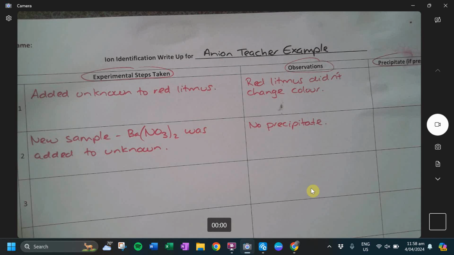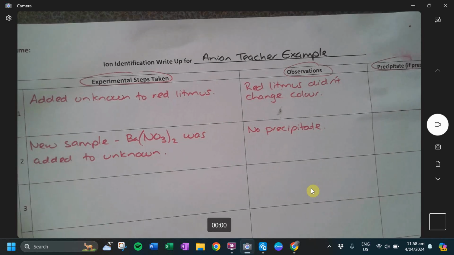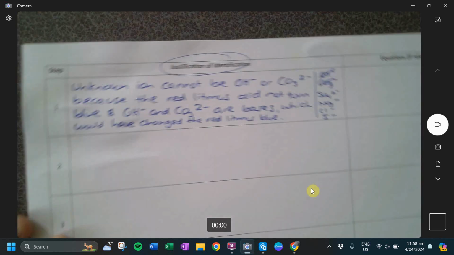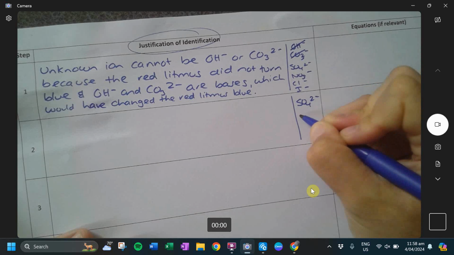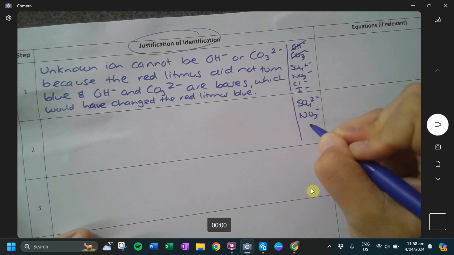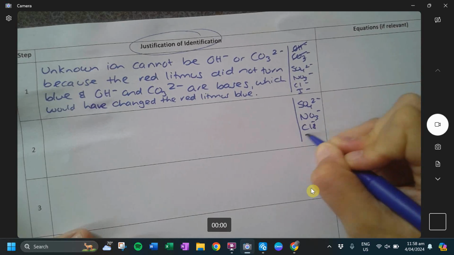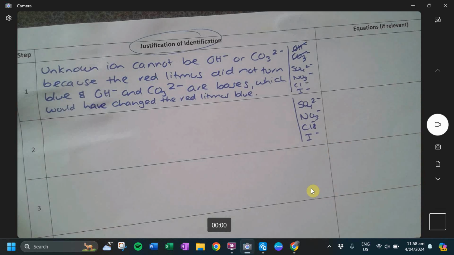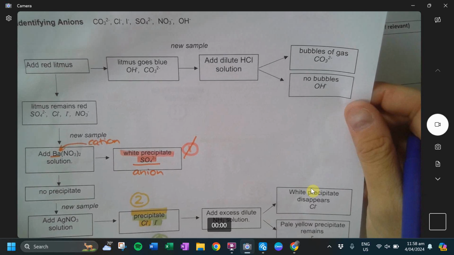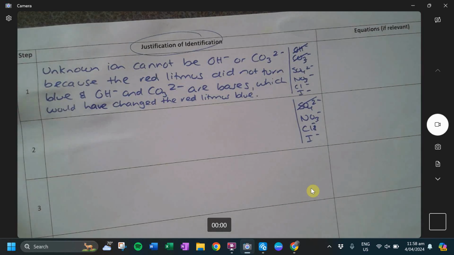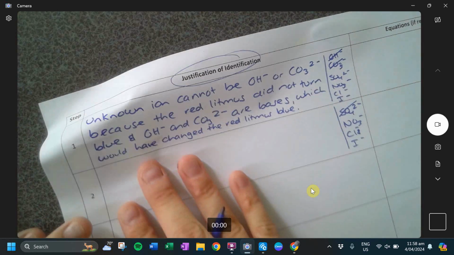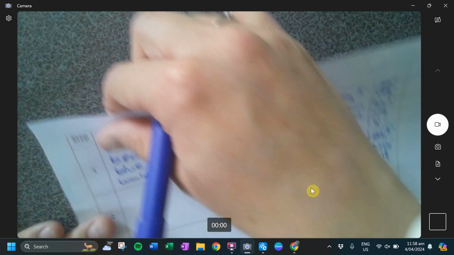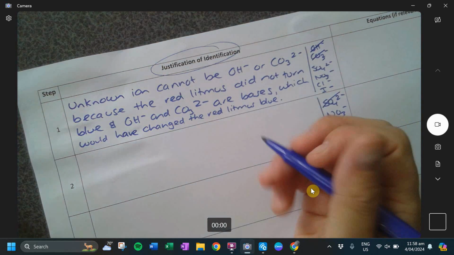You got it right? All right, back page, justify it. So what was left over on our list was sulfate, nitrate, chloride, whoopsie, and iodide. Which one am I crossing off from that? Sulfate, because I noticed here that if it was a white precipitate, it would have been sulfate. So we could write down that we know that barium sulfate, would that be soluble or insoluble? Insoluble, based off of our solubility rules.